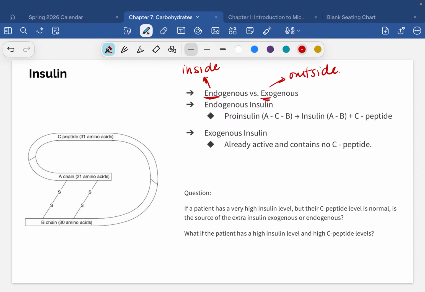Insulin is also a medicine that you can take as an injection. When you take it as an injection, it is called exogenous insulin. Now, this specifically becomes important when we talk about diabetes in just a minute. But there is a difference between endogenous and exogenous insulin.